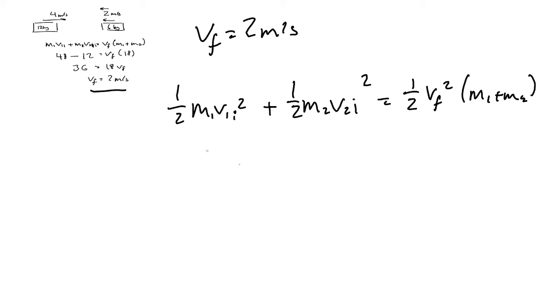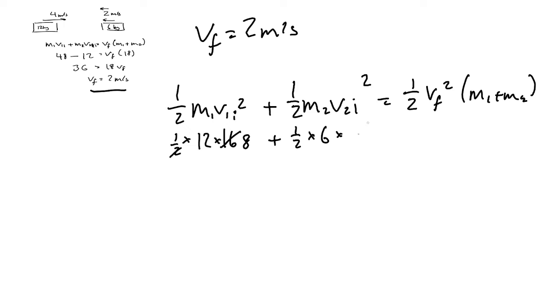So let's start putting these in. So we have 12, 4 squared, which is 16, times 12 times 1 over 2. We can cross these, and this will be 8 plus 1 over 2 times 6 times 2 squared.